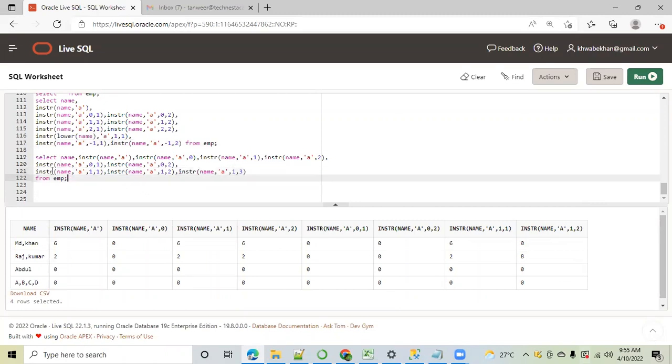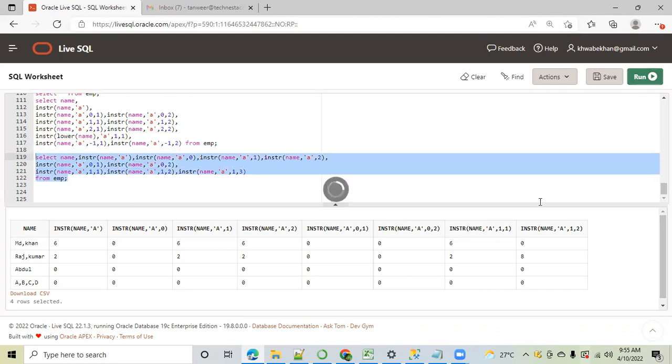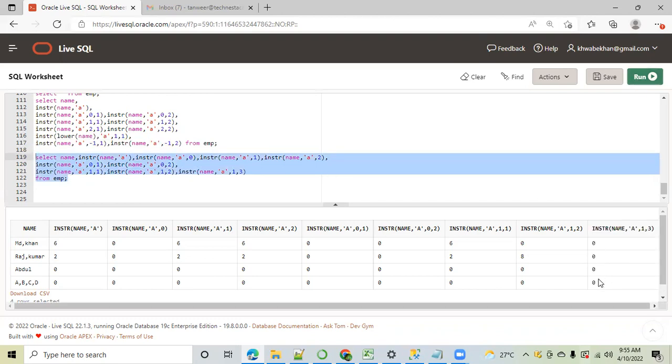I want the third occurrence. So all are 0, because they don't have any third occurrence of A. A has occurred only once here. A has occurred twice here, but no third occurrence is present. Similarly, lowercase a is not present here.